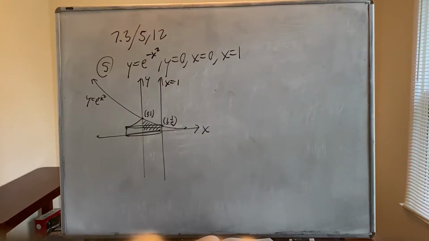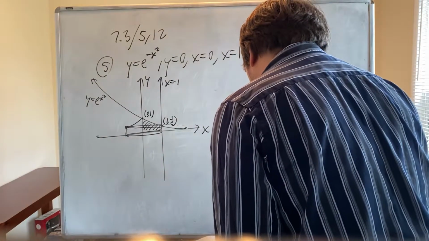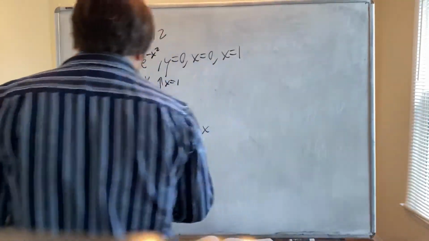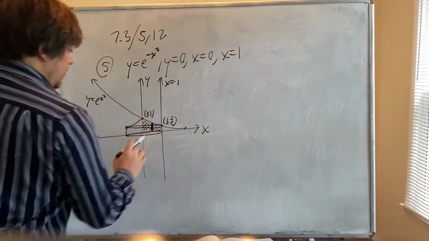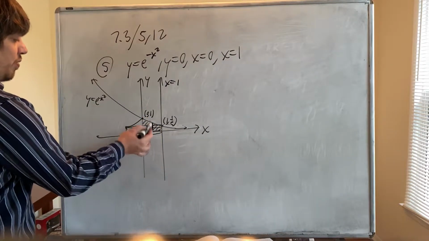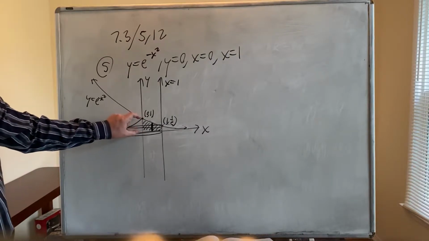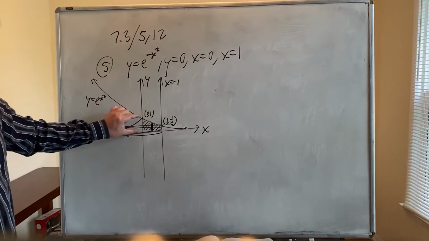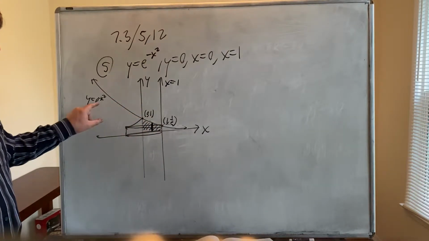Okay. Now, in order to find the volume, we're going to use cylindrical shells. And so that means let's take just a vertical rectangle, right? A vertical line segment in the shaded region. Think of this region being covered by vertical line segments sweeping from the left all the way to the right, where it varies in height depending on the height of e to the negative x squared.